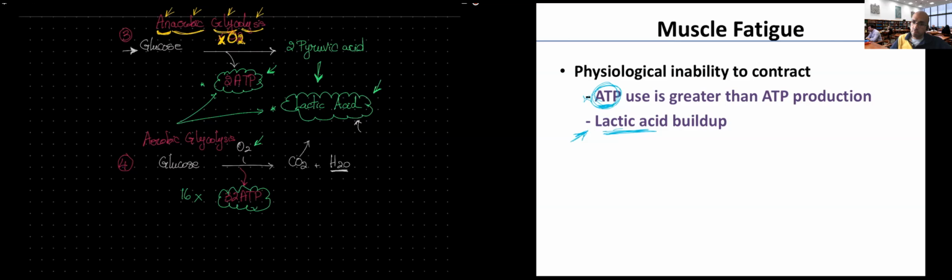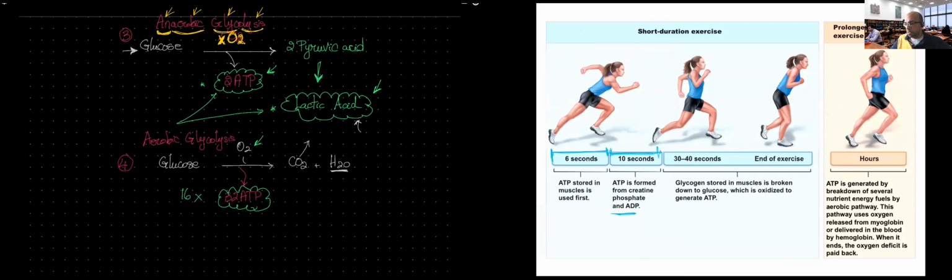All right. So again, if I'm running a sprint, a short duration, high intensity exercise, I'm using first ATP, then I will rely on redeveloping the ATP using stores of creatine phosphate.